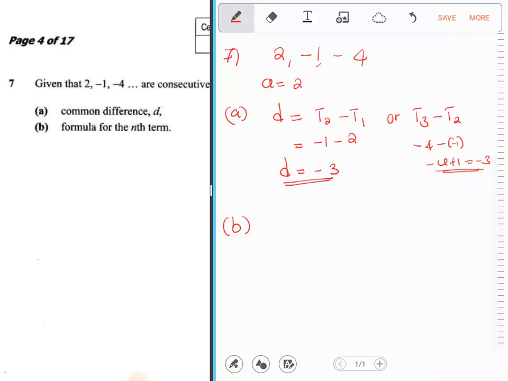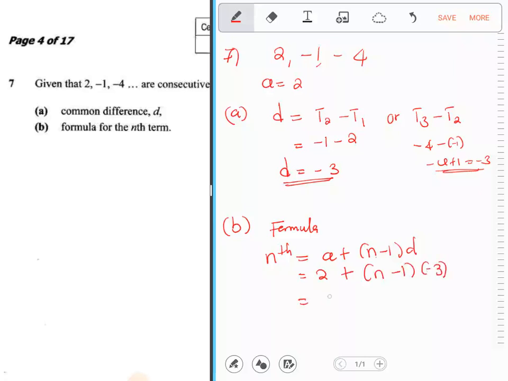Then B, sorry, the formula for the nth term. So now the formula: nth term is equal to A plus n minus 1 multiplied by D. And what we have here, our A is 2, n is just n, our common difference is negative 3.